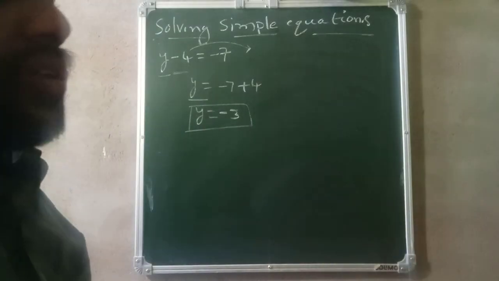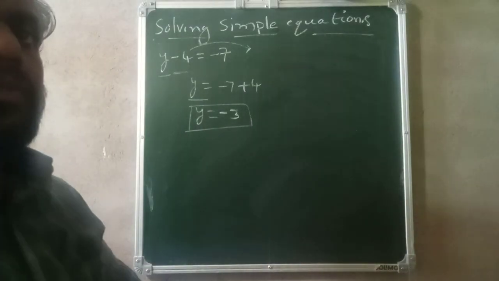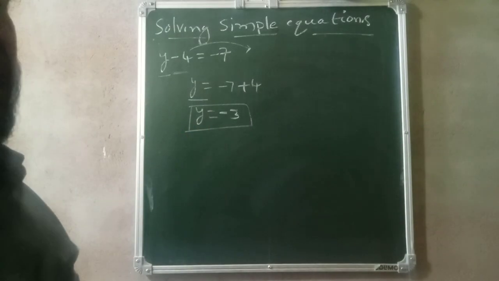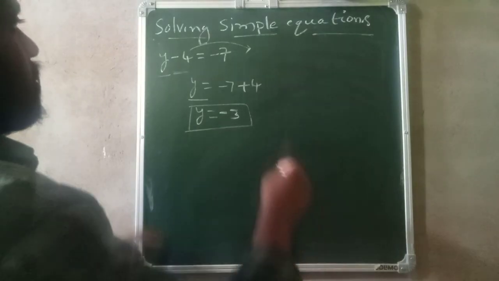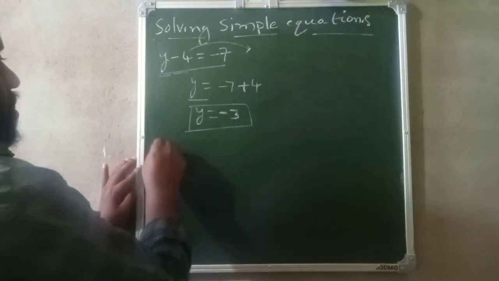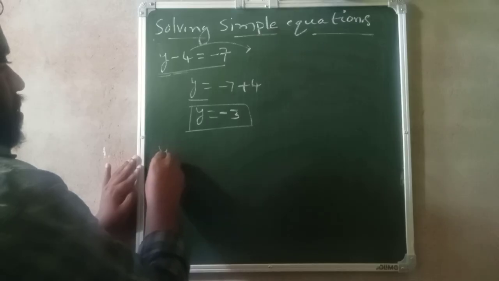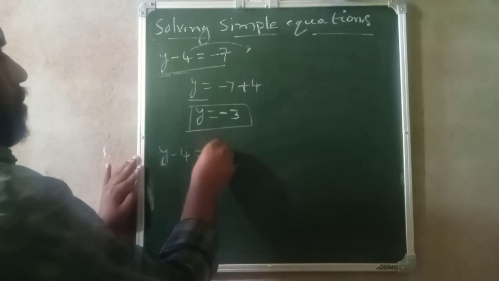Okay. Now we will check whether this is correct answer or not. So for that, I will write this equation once again here. So y minus 4 is equal to minus 7.